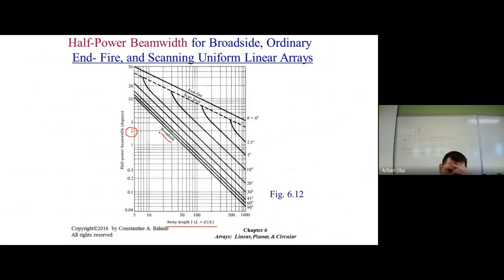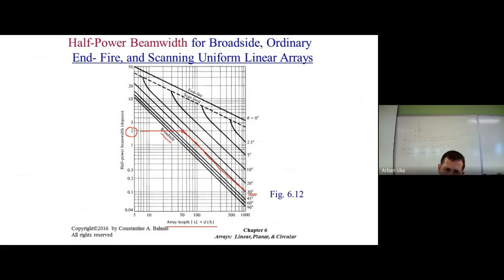That means a very narrow distribution of the power. And let's assume that we want the antenna to be pointing along a direction of 30 degrees. Then we follow this graph to get an antenna which spreads out the radiation at an angle of 30 degrees and has a beam width of 2 degrees, which is a very narrow distribution.